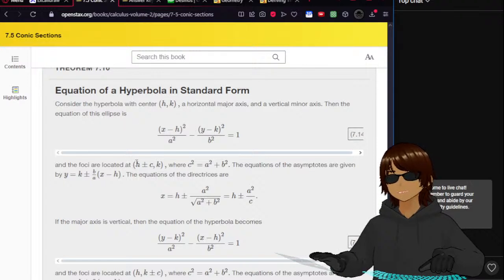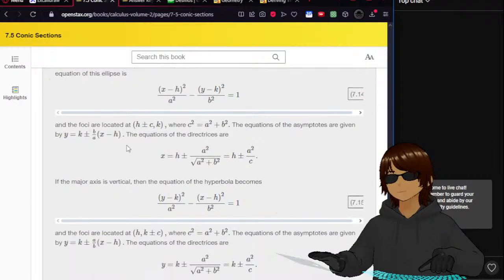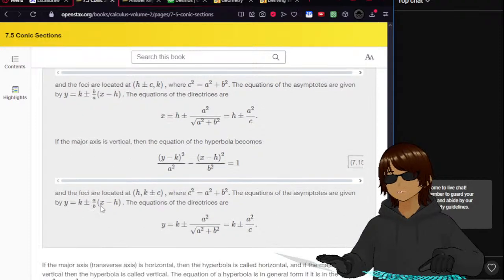The foci are located at (h plus or minus c, k), where c squared is equal to a squared plus b squared. The equations of the asymptotes are given by y equals k plus or minus b over a times x minus h. If the major axis is vertical, then this is the equation.